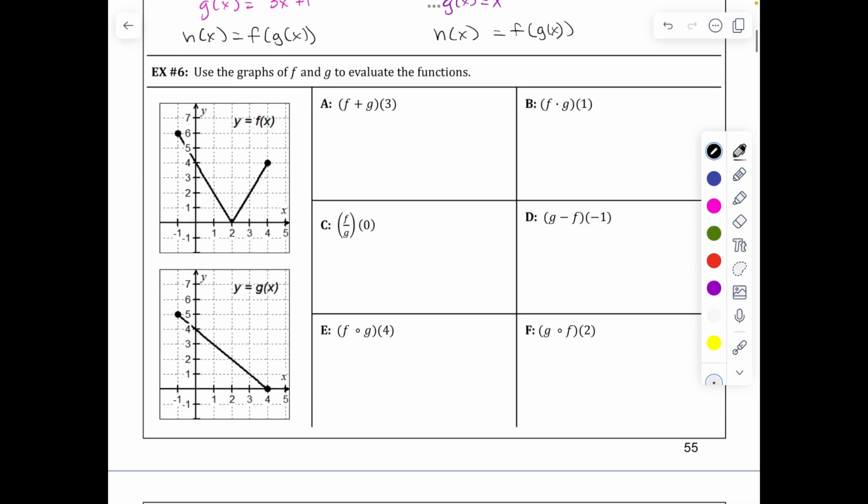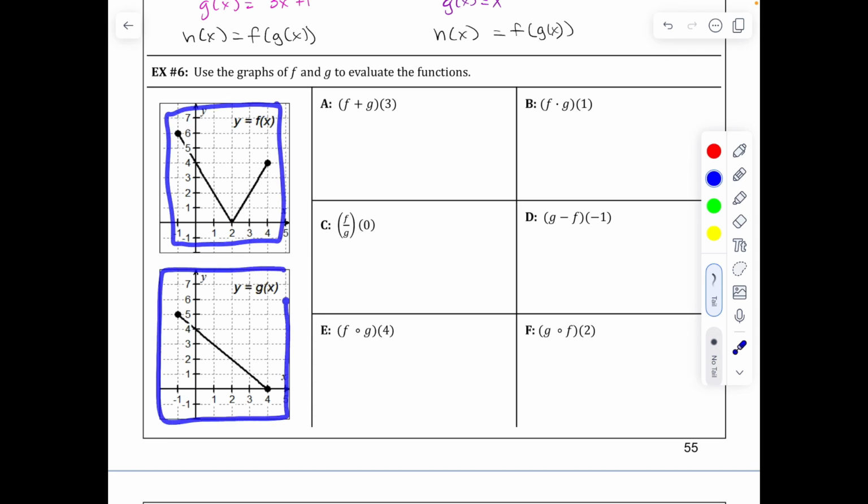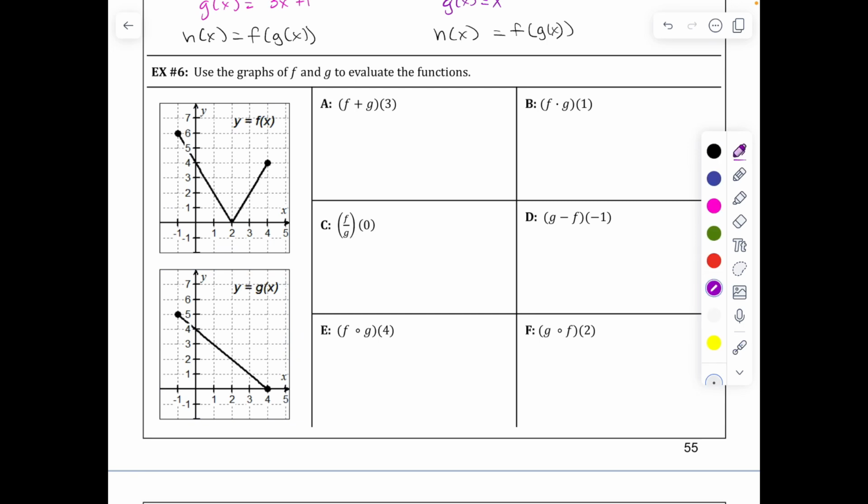All right, let's use the graphs of f and g to evaluate the functions. So remember that this is all graph f, this is all graph g, okay? So let's first rewrite what this really means. So f plus g of 3 tells me I'm taking f of 3 and g of 3. So let's do f of 3 plus g of 3.